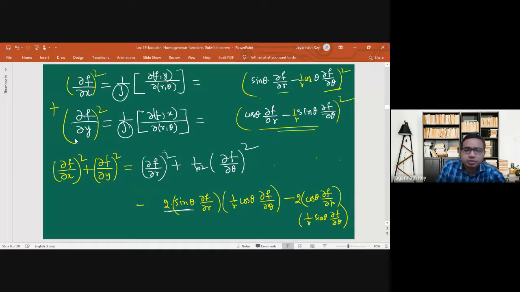So this one is 2 sin theta del f del theta. So this one will become minus 2 by r sin theta cos theta, 2 sin theta cos theta is cos 2 theta. Okay, then this is del f del theta.